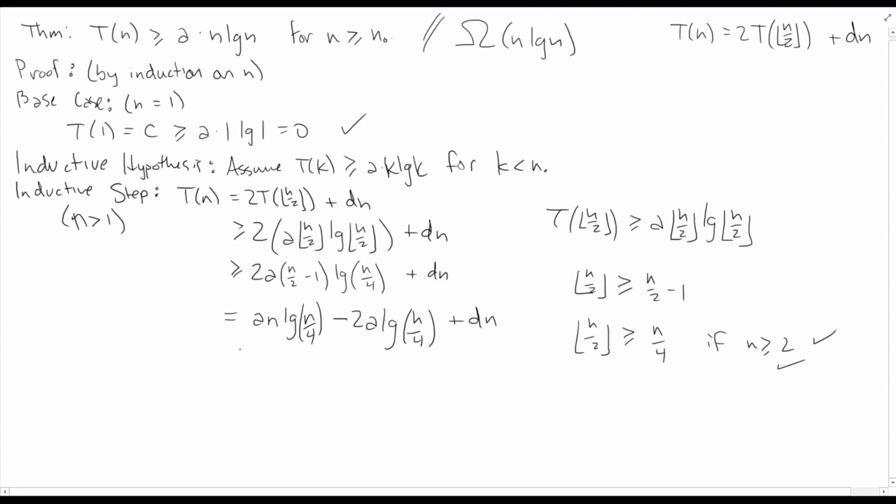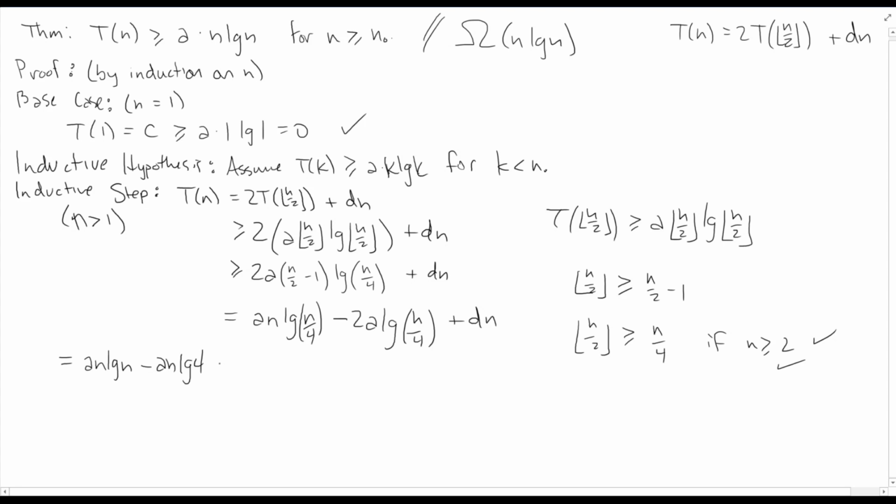Okay, let's be careful again. I'm going to now handle both my n's over my log of n over 4. So remember our log identity. My first one's going to be an log n minus an log 4, which is just going to be a 2. We'll cancel that out in a second.